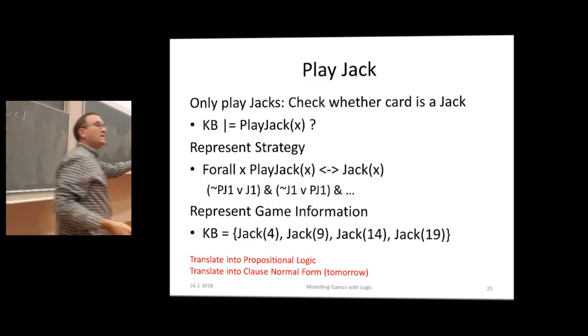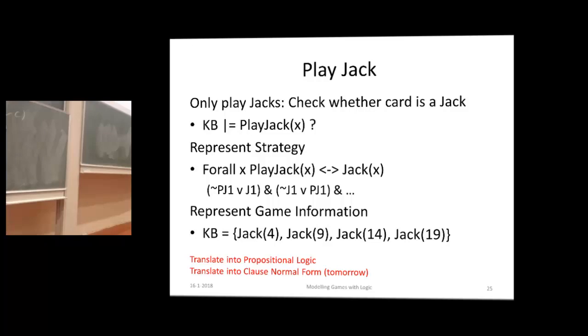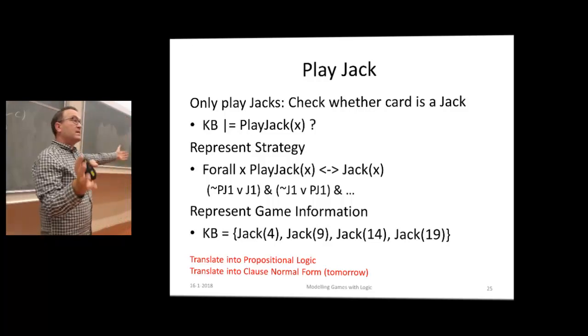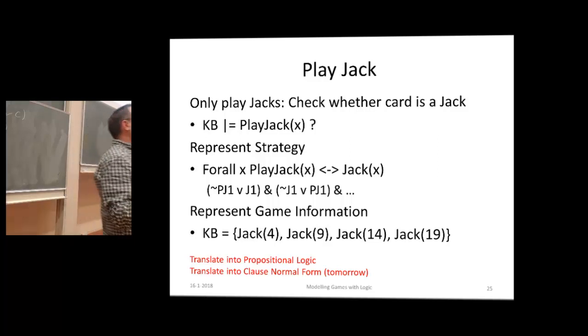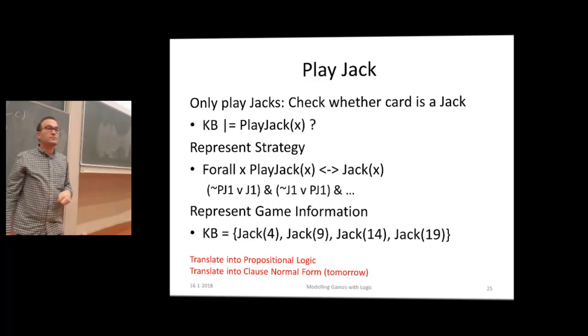And then the only thing that's missing is information about which of the cards is a jack and which one isn't. And obviously we have the state representation of the game state that we can translate this into, so we know that cards 4, 9, 14, and 19 are jacks. And then if we get card number 4, then we know this property holds. So then this property also means that the jack is played.